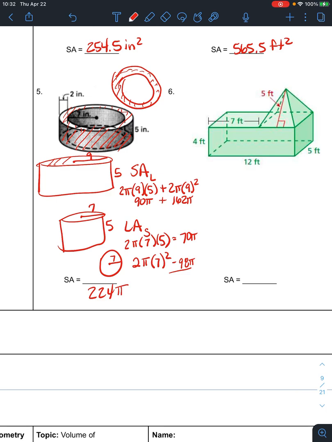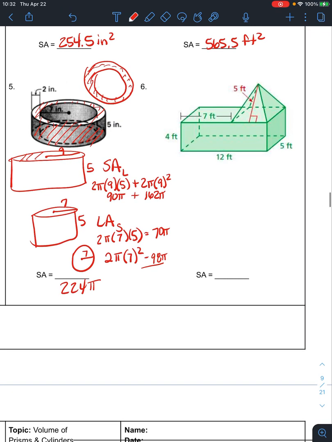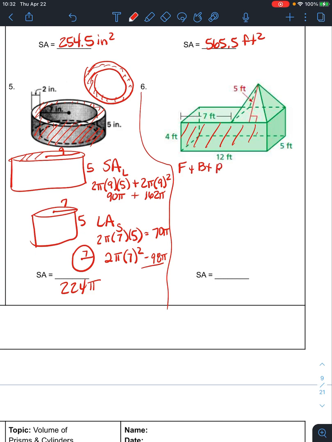Okay, now 6 is really kind of up to you, particularly when you have shapes with rectangles and triangles. You could say, okay, the area of the front and the back. So you could do front plus back plus right plus left plus bottom plus the part of the top, right?